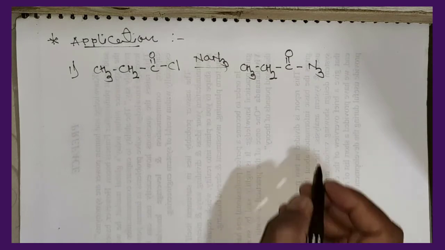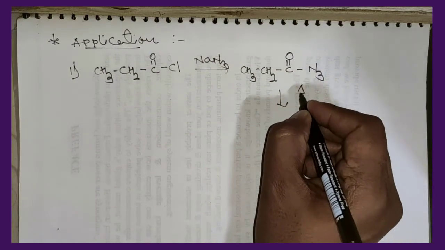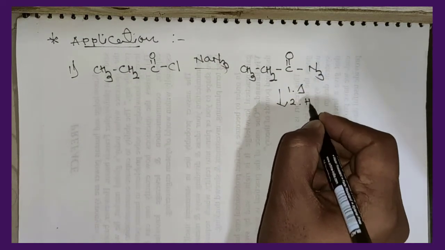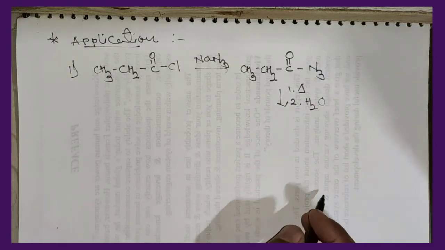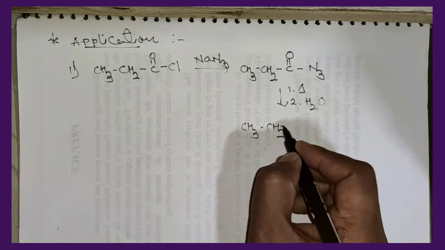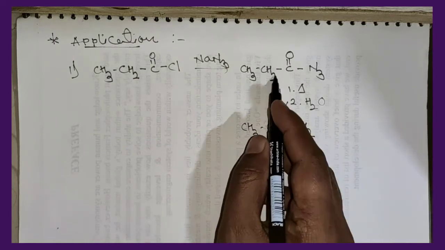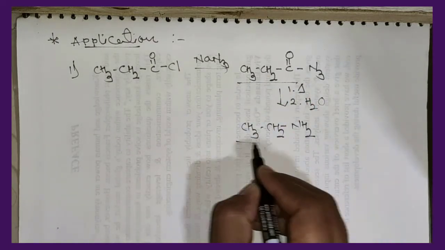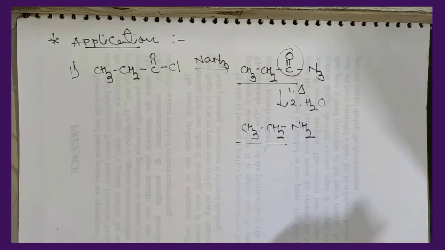Now we simply heat it. First case is heat, second case is hydrolysis. So the final product is CH3, CH2, NH2. One carbon atom is less: here 3 carbon atoms, here 2 carbon atoms. This carbon is removed from the molecule as a CO2 molecule.